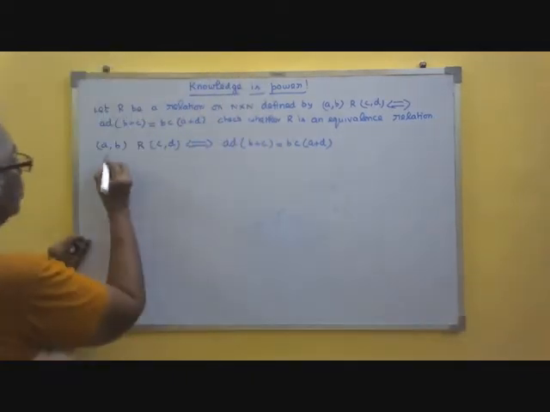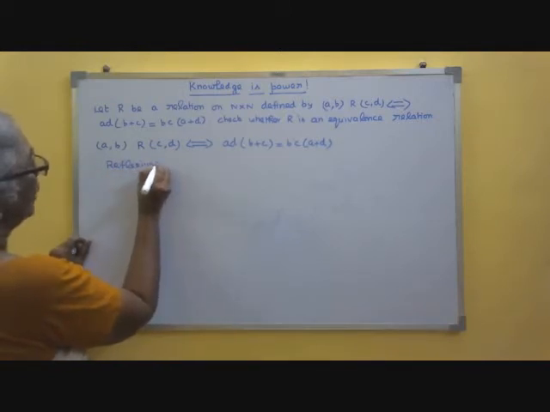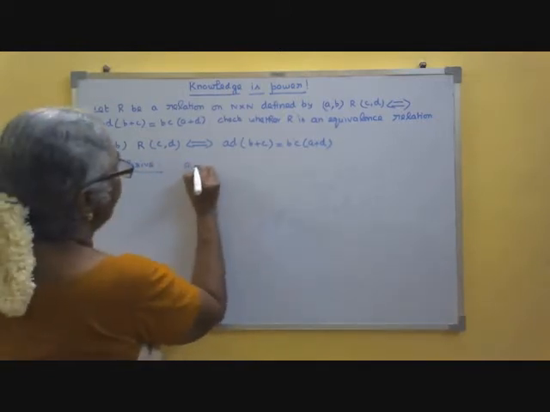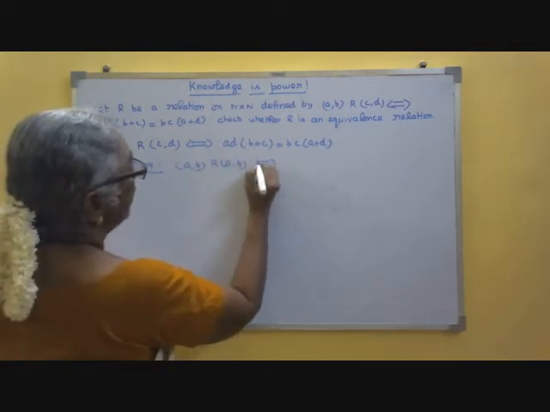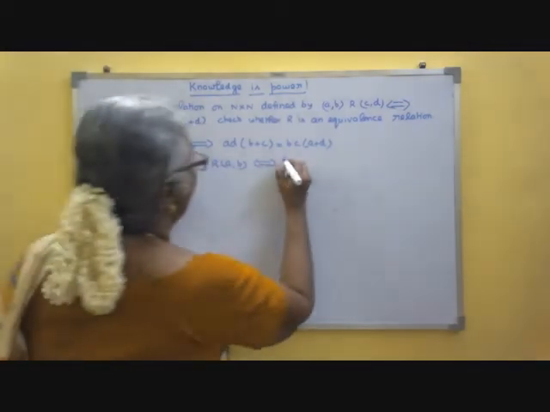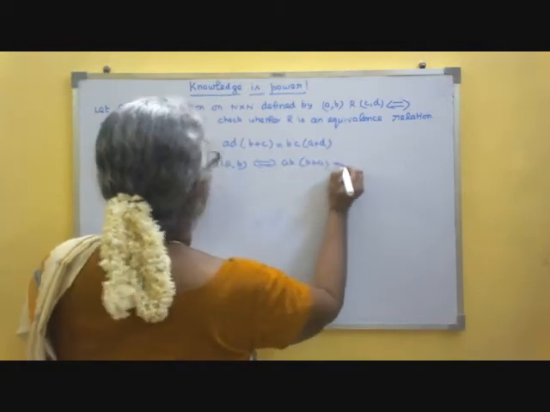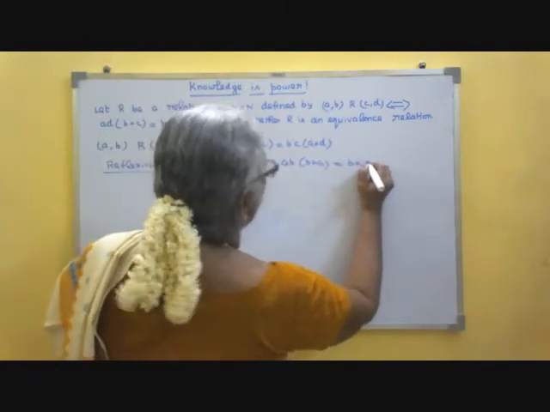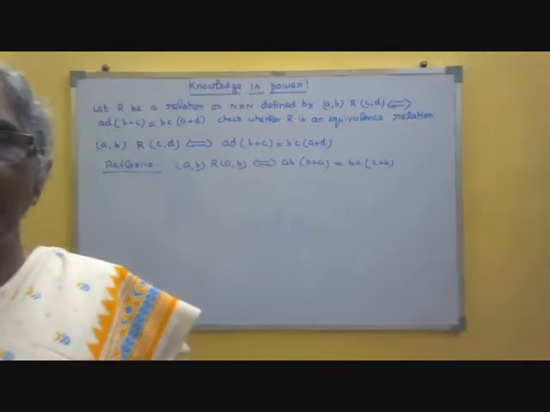It is given this. Now we have to prove it is reflexive, symmetric and transitive. Now first, to prove it is reflexive, we will be taking the same ordered pair, you remember. So I will write (A, B) related to (A, B). Now this is A, this is B, this is C, this is D. Using this I will get AB into (B plus A) is equal to BA into (A plus B). You definitely know AB is equal to BA, correct?